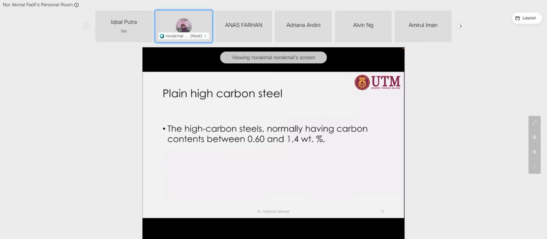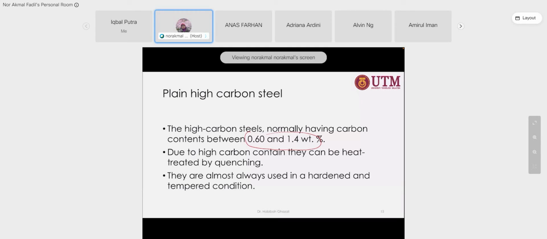Another alloying element, another category of steel, which is high carbon steel, basically up until 1.4% of carbon, and it must be larger than 0.6. Due to high carbon content, they can be hardened by quenching, and they are almost always used in hardened and tempered condition.